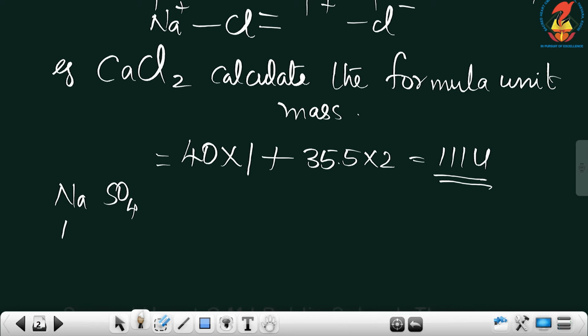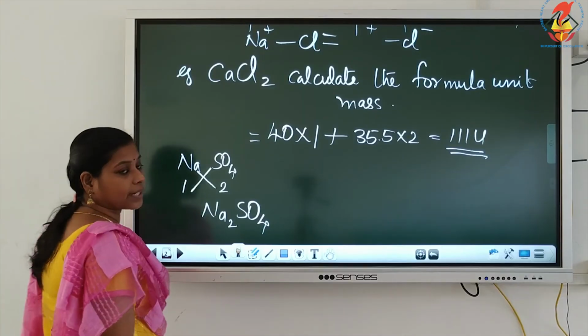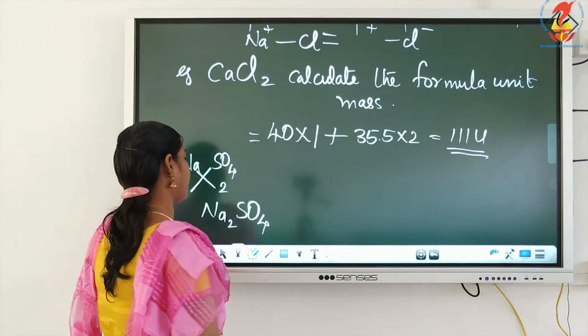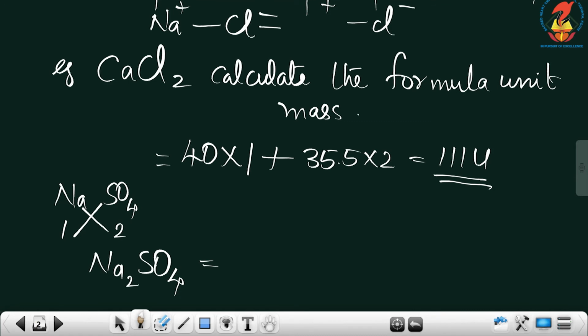Sodium valence is 1, SO4 valence is 2. There is no common factor, so the formula is Na2SO4. To calculate the formula unit mass of Na2SO4, you have to multiply.